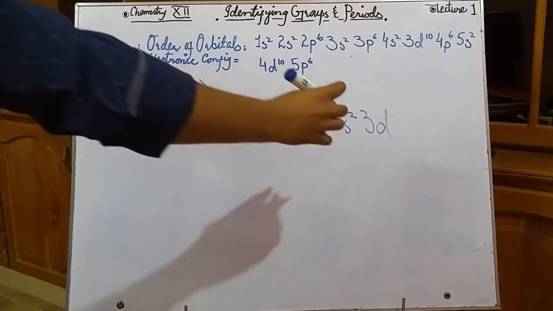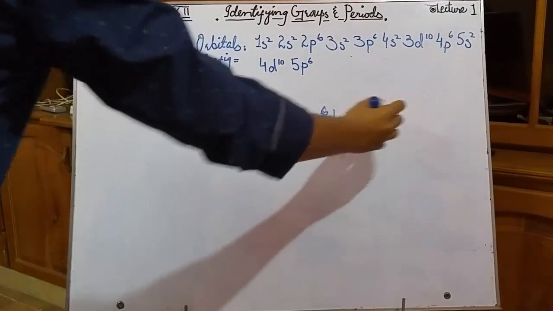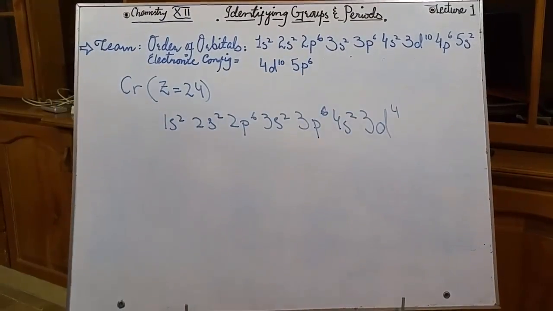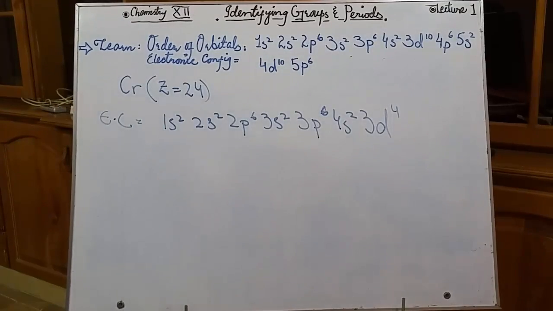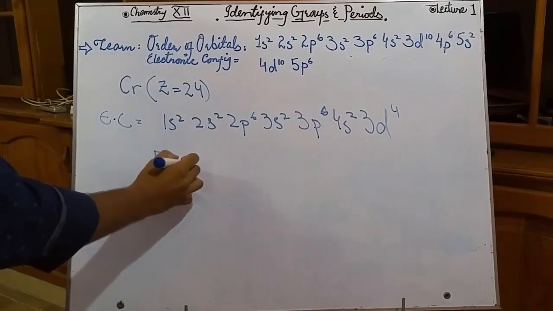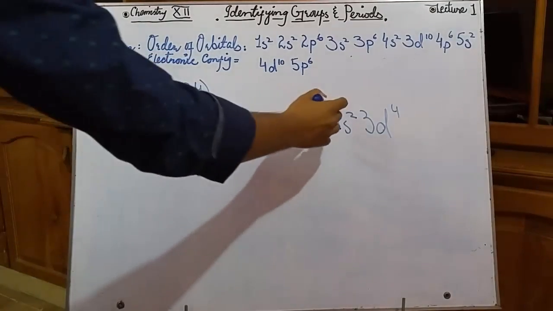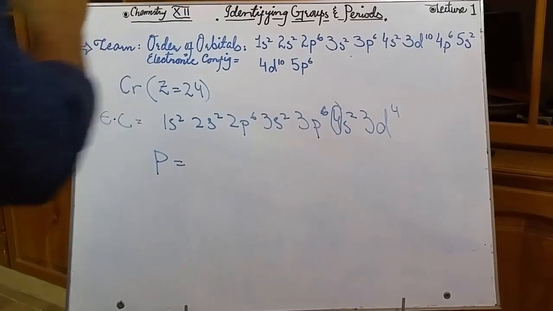You can double check the electronic configuration. So we have done the electronic configuration. Again, to recall the period, it is the highest coefficient in your electronic configuration, and you can see 4 here. 4 is the highest coefficient. So our period is 4th.